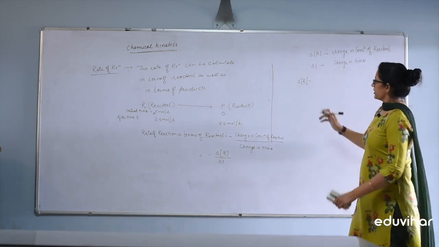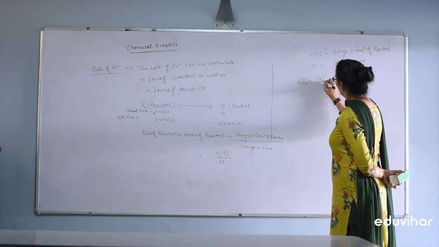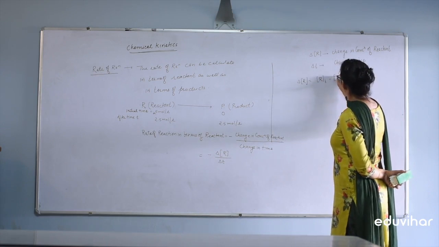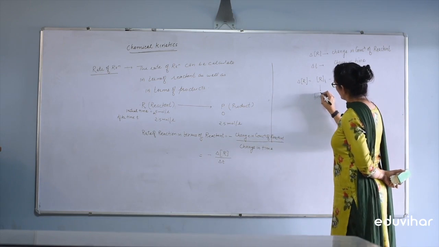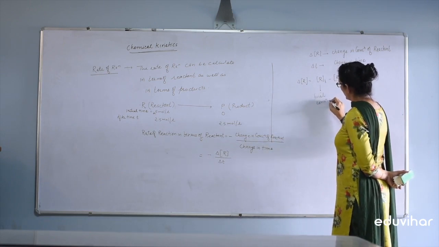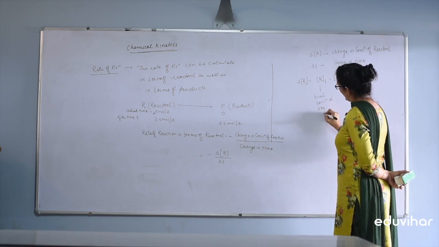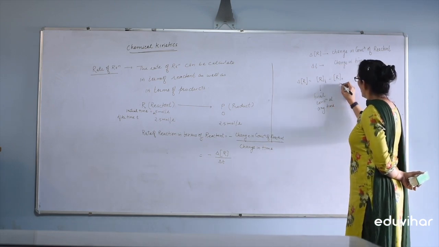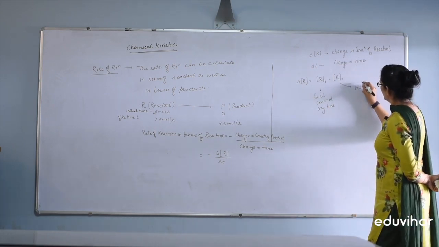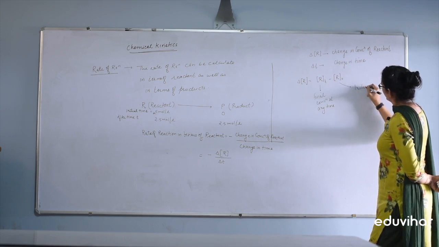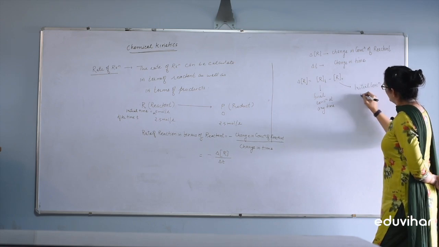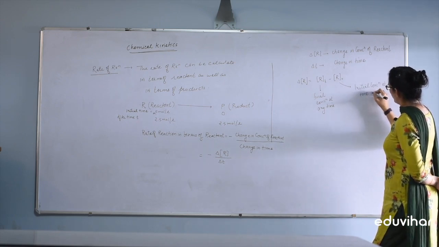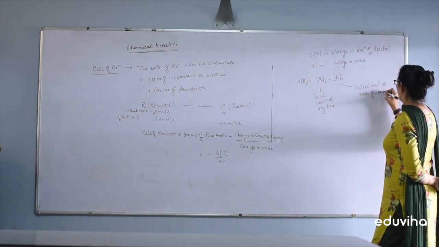To calculate the change, we take Rt minus R naught. Rt is the final concentration at any time. R naught is the initial concentration at the time of starting the reaction.